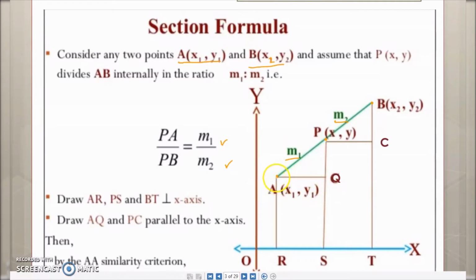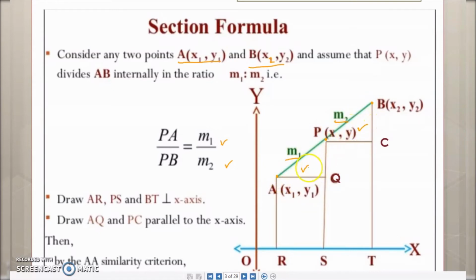So we will construct AR, PS and BT all parallel to the y-axis and AQ and PC parallel to the x-axis. So in this way we will get 2 triangles APQ and PBC.